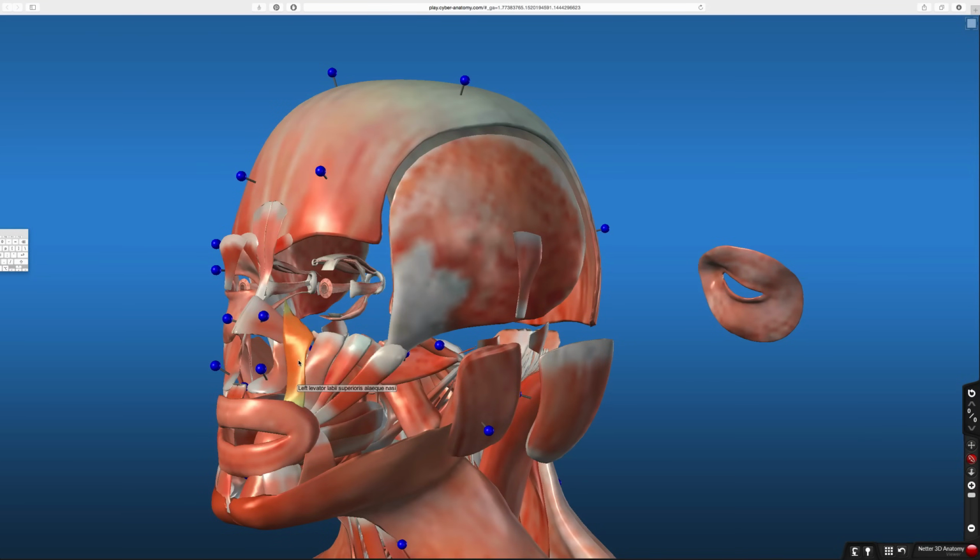So right over here we have your left levator labii superioris muscle. And remember what we talked about with this muscle. The origin is going to be the zygomatic bone and the infraorbital margin of the maxilla, which you can't see over here. And the insertion is going to be the skin and muscles of your upper lip. So here you can see again, this is your upper lip over here.